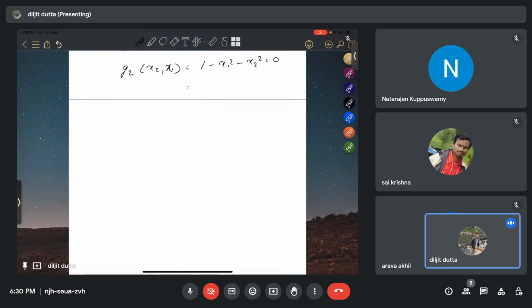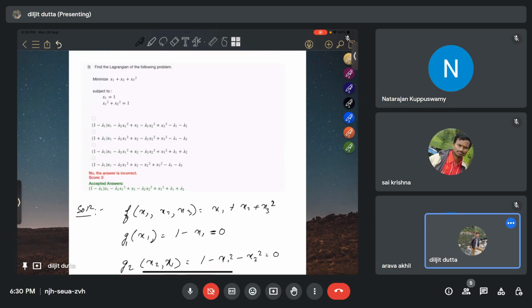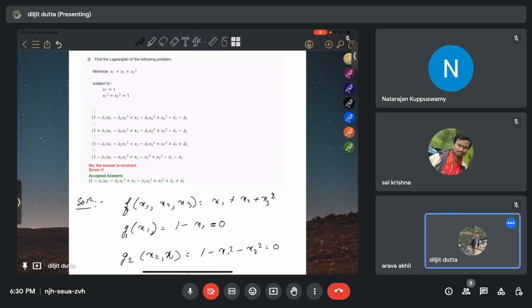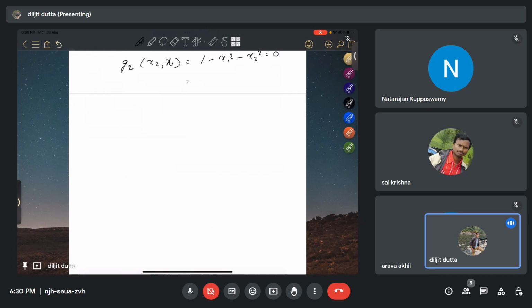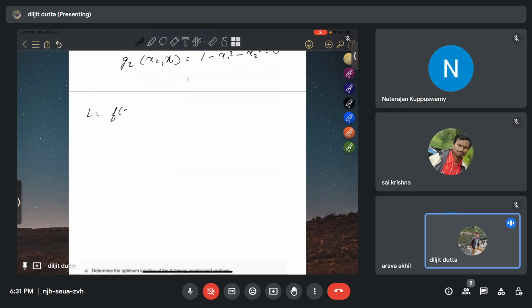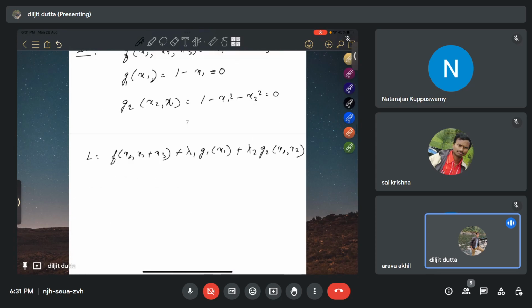Okay, so we write the Lagrange form. So we write the Lagrangian. L is equal to f of x1, x2, x3 plus lambda 1 into g1 of x1 plus lambda 2 into g2 of x1, x2.